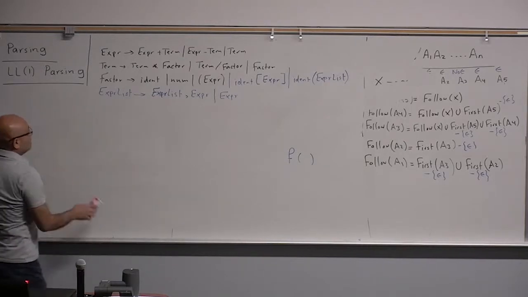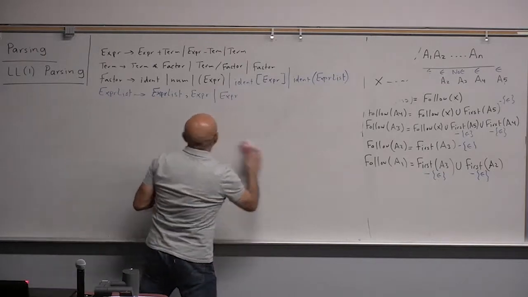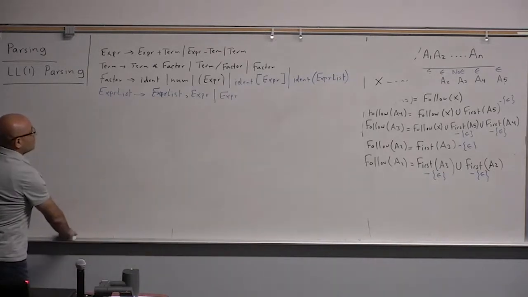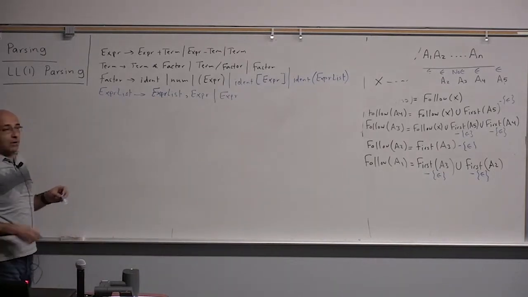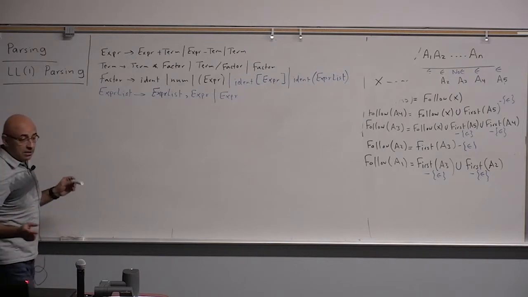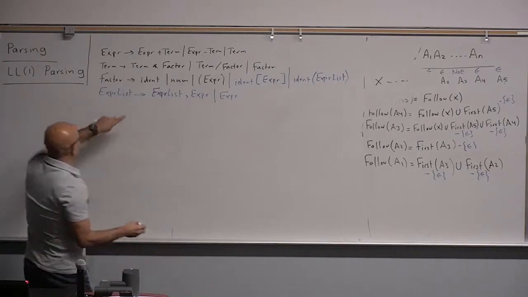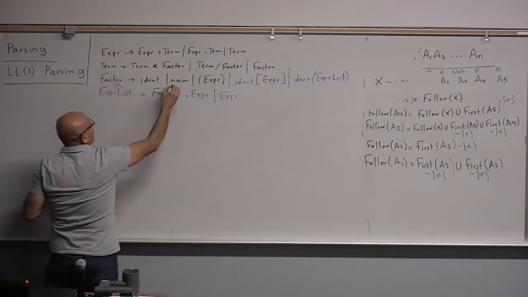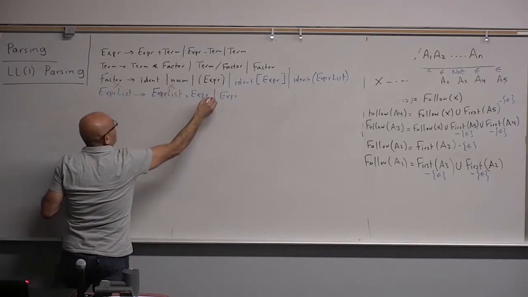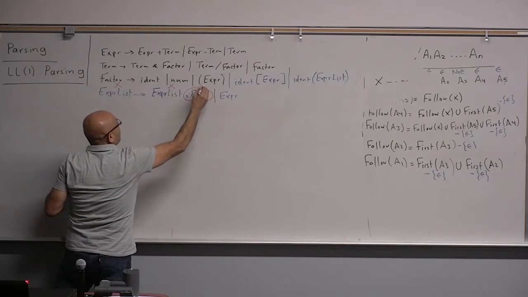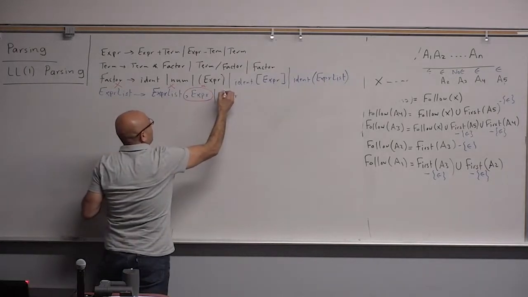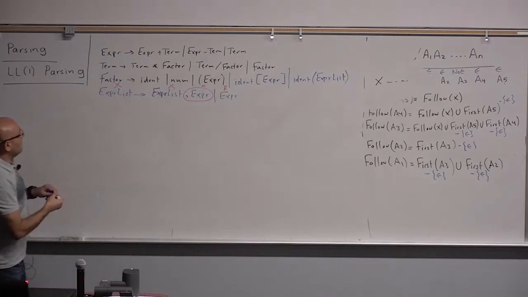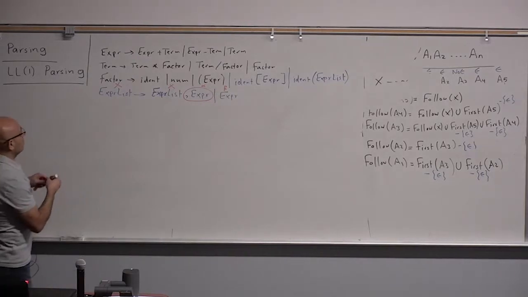Now this is left recursion, so we can transform this into the right recursive form. This is our x, this is our alpha, and this is our beta. So we can write this in the right recursive form.